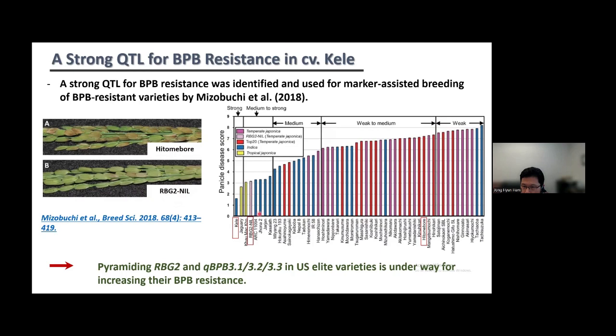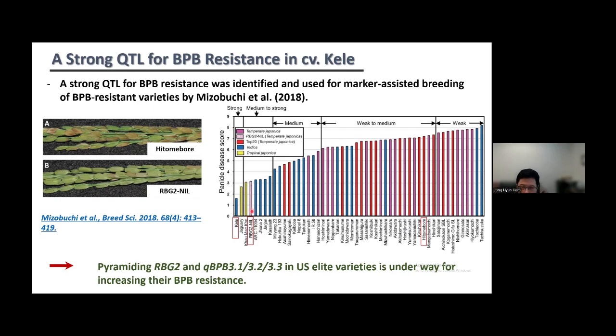They could improve the resistance from a susceptible phenotype to quite strong resistance through the introduction of the RBG2 locus into the susceptible variety.